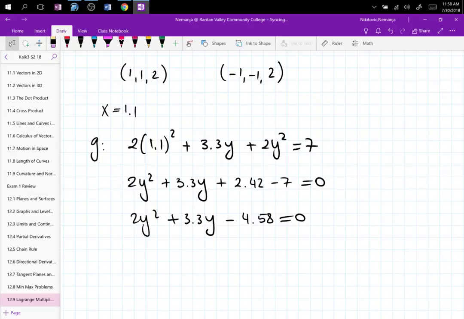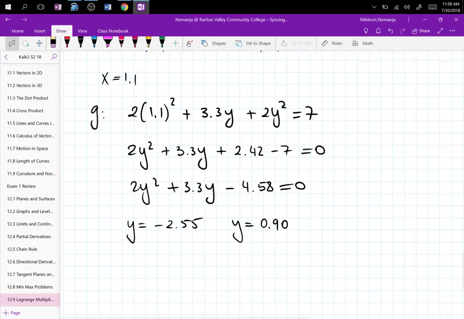It gave me the full values, but I'm going to use the decimal. So it gives me y is equal to negative 2.55 and y equals 0.90. So these are my y values.